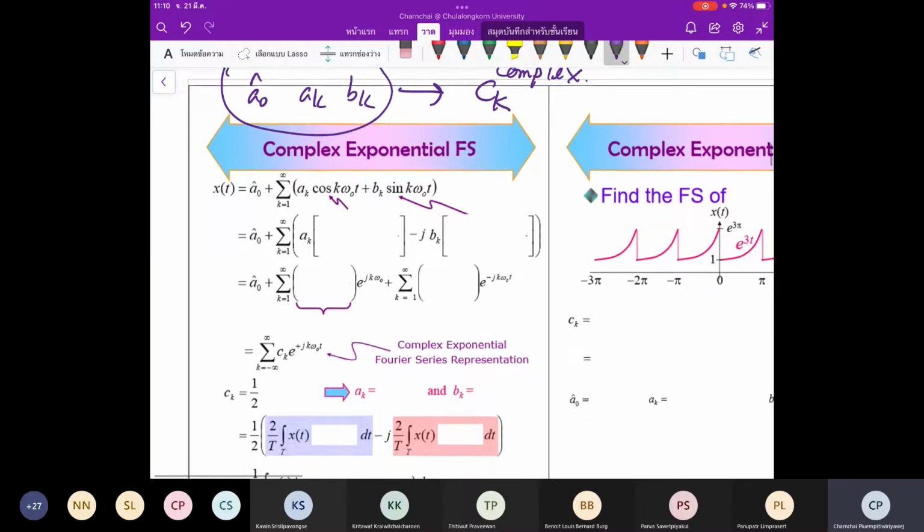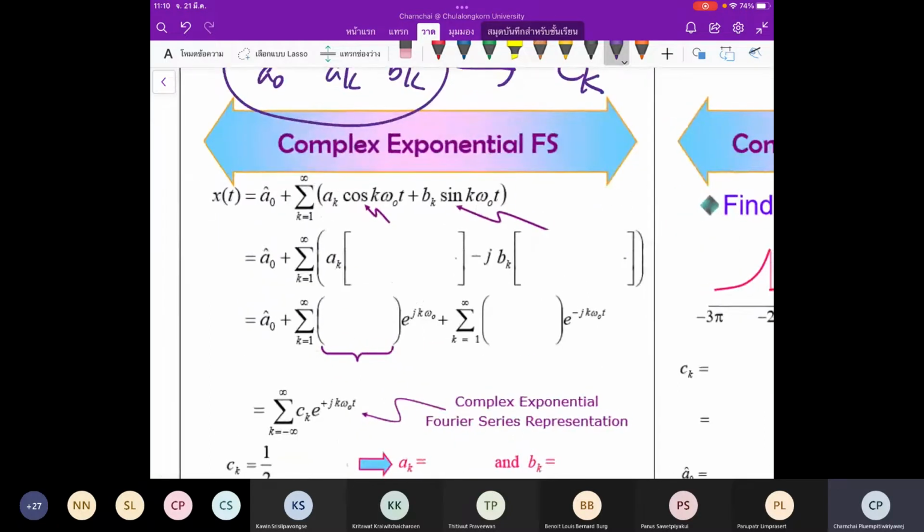Let's try that. We start off with x(t), which is A0 hat plus summation of AK cosine k omega naught t plus BK sine k omega naught t. In this case, what is cosine k omega naught t?